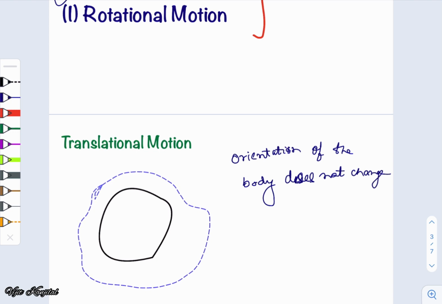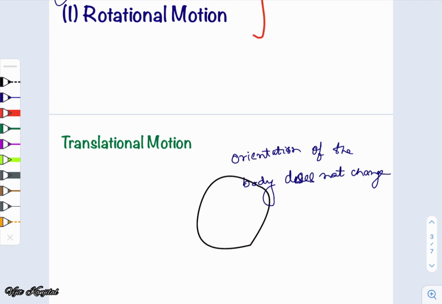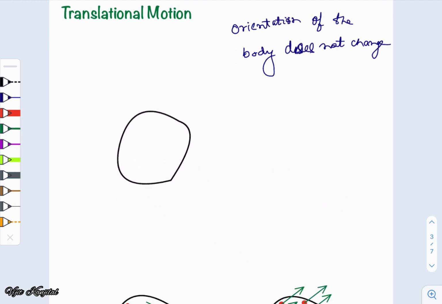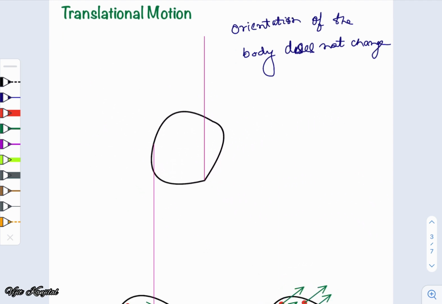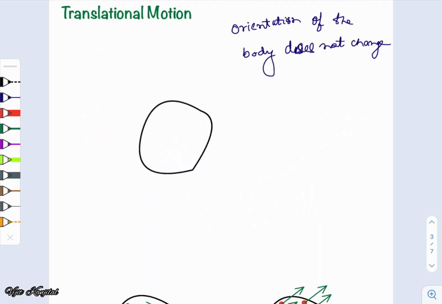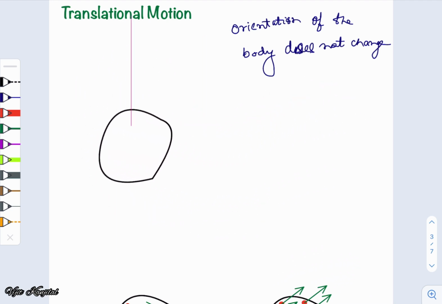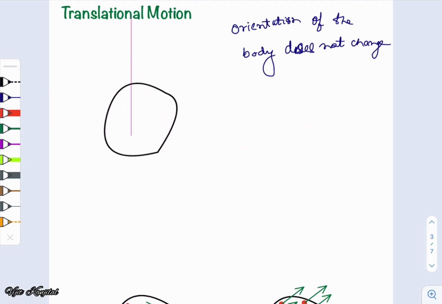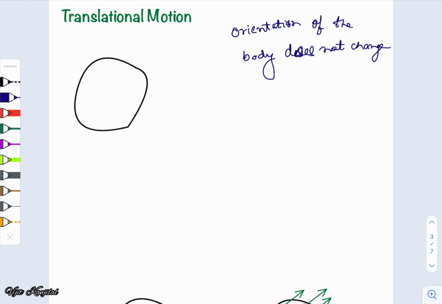So let us think that we have this rigid body and we try to move it in this fashion. Clearly, in this type of motion that this rigid body is having right now, the orientation of this rigid body is not changing. The orientation of this rigid body always remains the same.